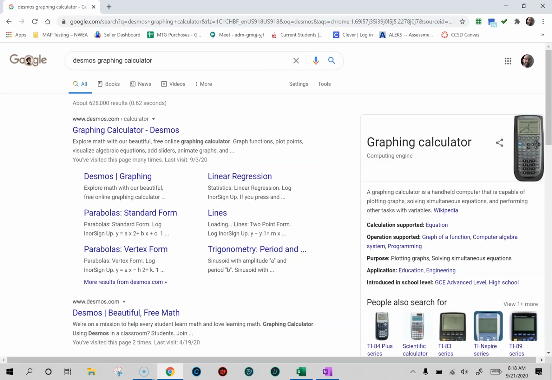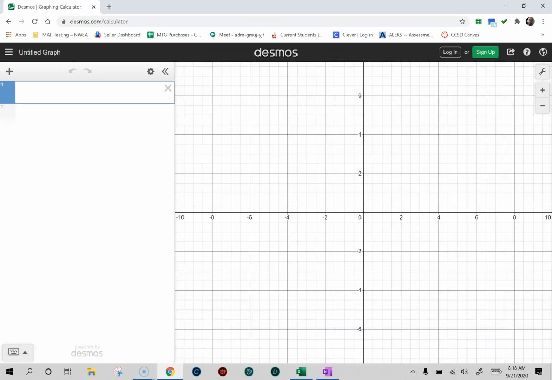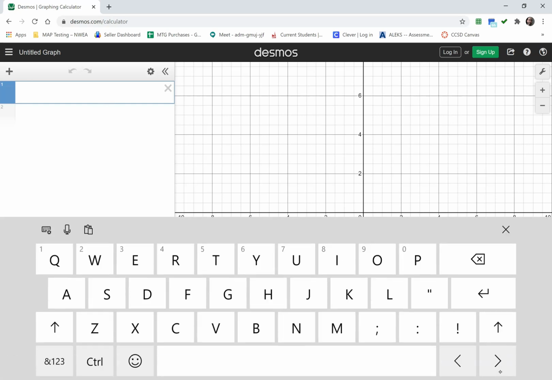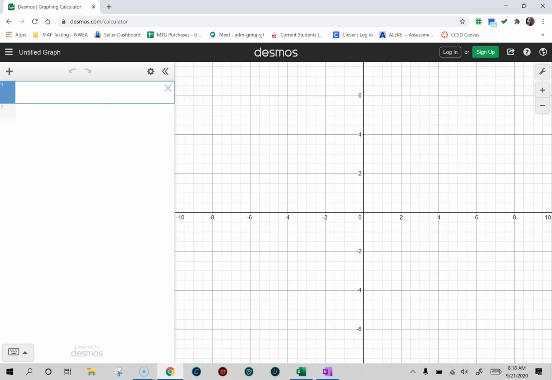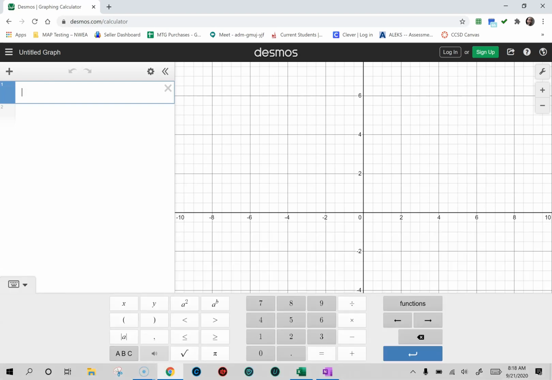Okay, we wind up with our graphing calculator right here. If we enter this function that it asked us to enter, we have this calculator here.